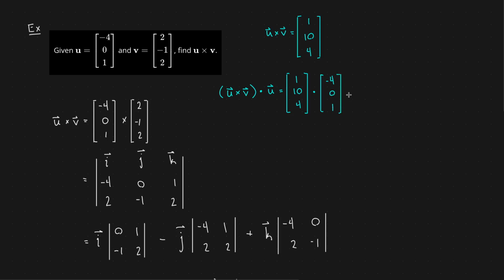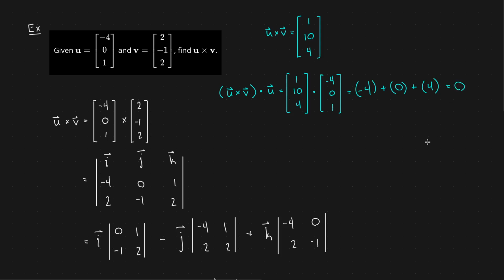So I'm just going to multiply corresponding components. First component times first component, I get negative 4, plus second component times second component, 10 times 0 is 0, plus 4 times 1 is 4. Negative 4 plus 0 plus 4 is 0.